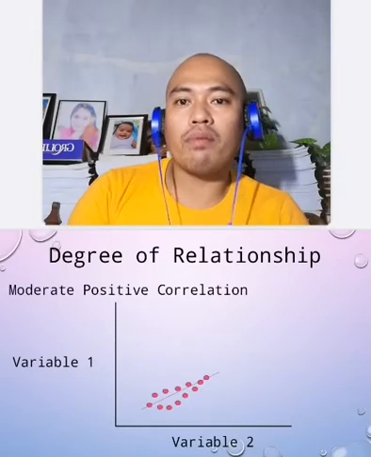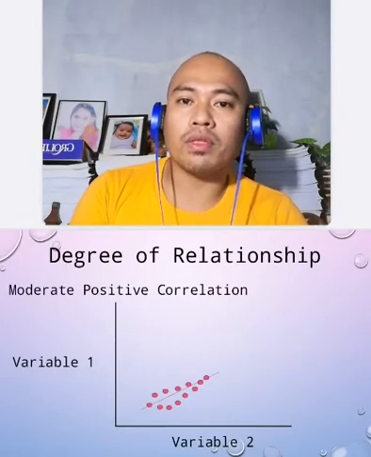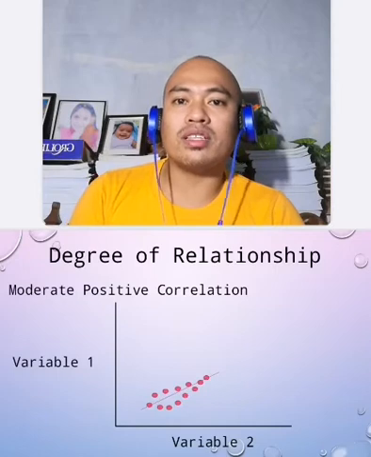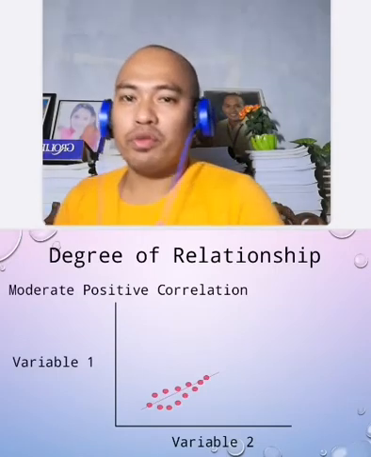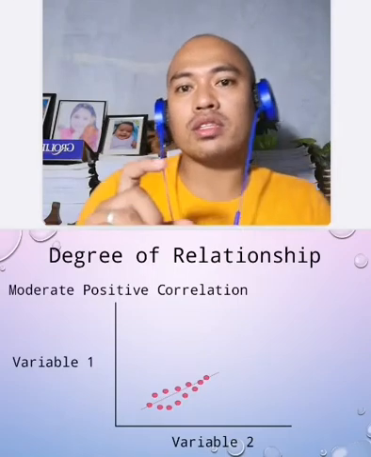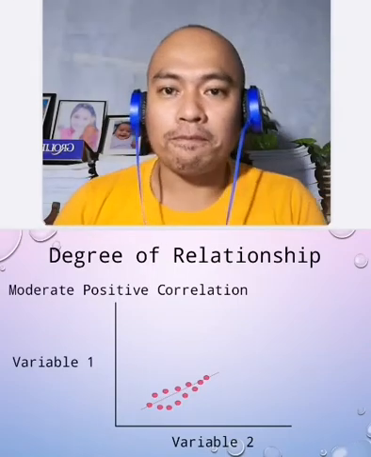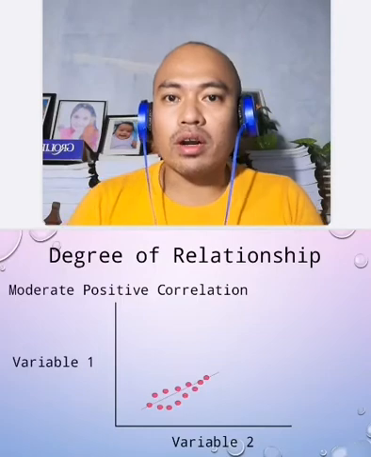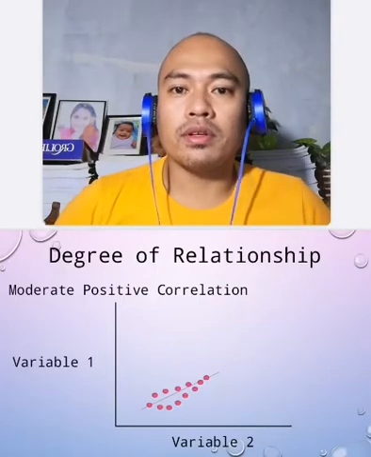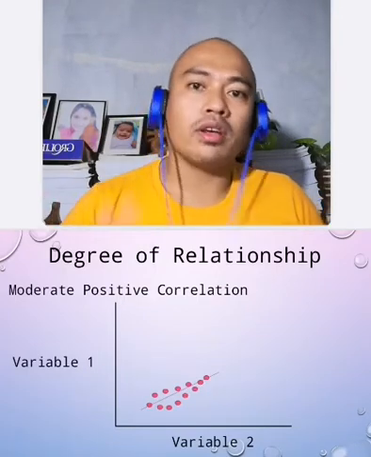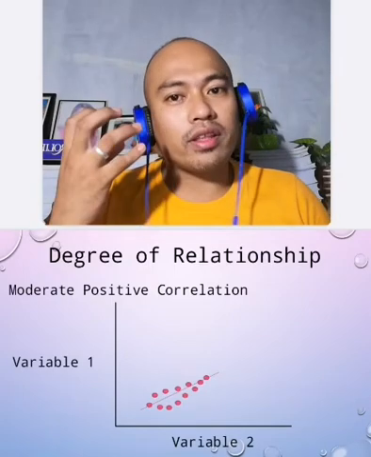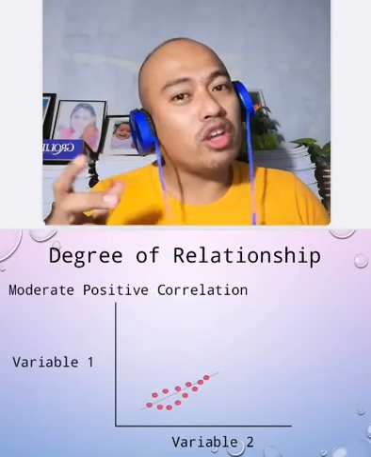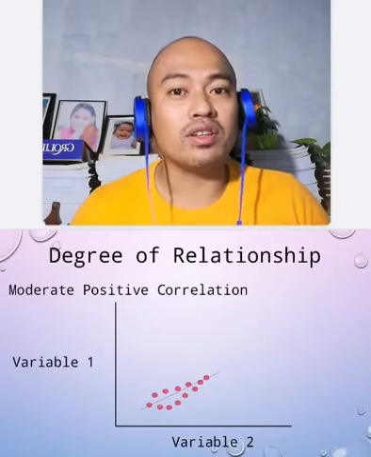For the third, we have a moderate positive correlation. It is more scattered than the high positive correlation. As you can see, there are few points that lie on the line, and many points are outside the line. Still we have that line that serves as our guide to at least identify that the relationship is still going up.